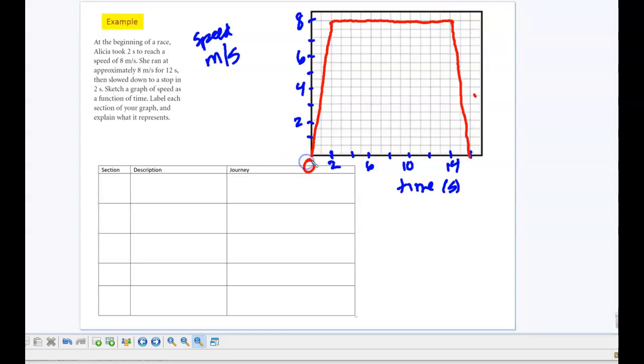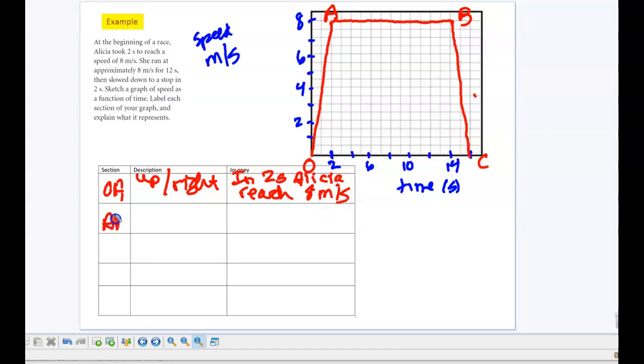So this is a very simple graph. O, A, B, C. And in section OA, it is up and to the right. And basically the journey is in 2 seconds, Alicia reached 8 meters per second.